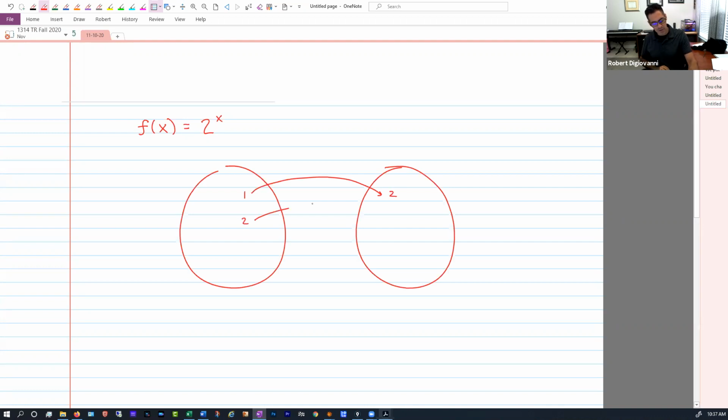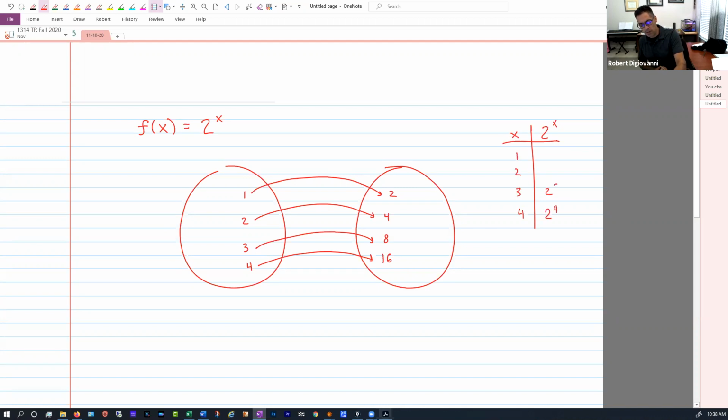Takes number 2, 2 raised to 2 is 4. Takes number 3, 2 raised to the 3rd is 8. Takes number 4, 2 raised to the 4th is 16. I hope y'all understand that all I'm doing is like a little t-table here. I'm plugging in 1, 2, 3, 4: 2 to the 4th, 2 to the 3rd, 2 squared, 2 to the 1st power, and that's how I'm getting these answers.